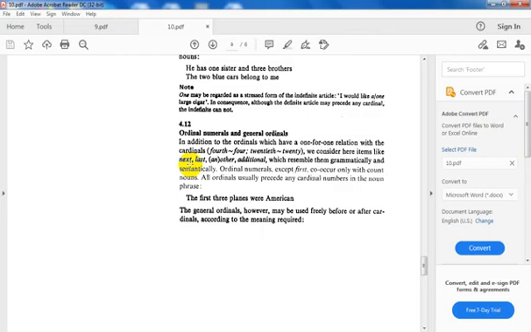Move to the general ordinals اللي هو next, last, other, another, additional. They resemble the ordinals grammatically and semantically, like first or second or third. Ordinal numerals except first co-occur only with count nouns.